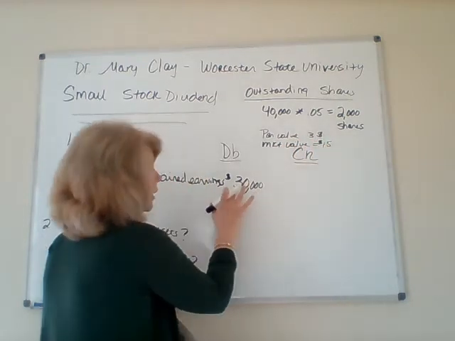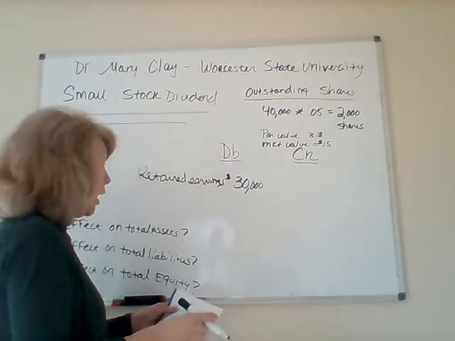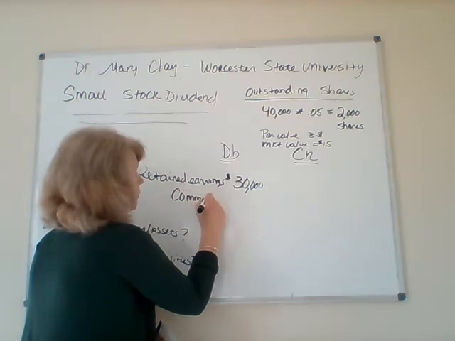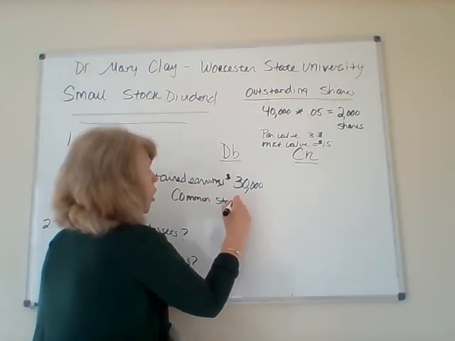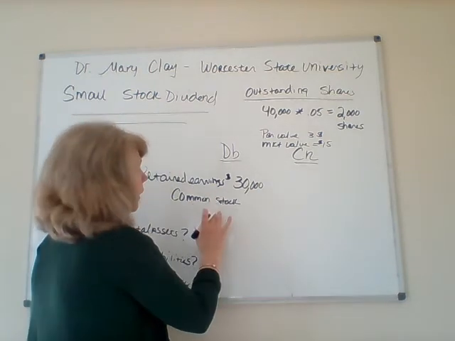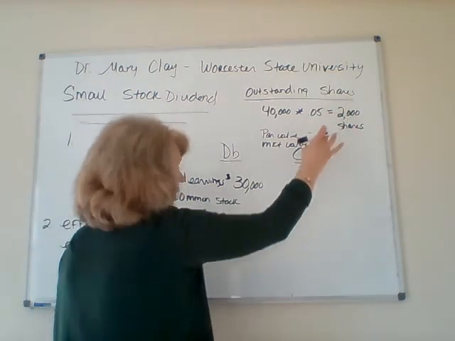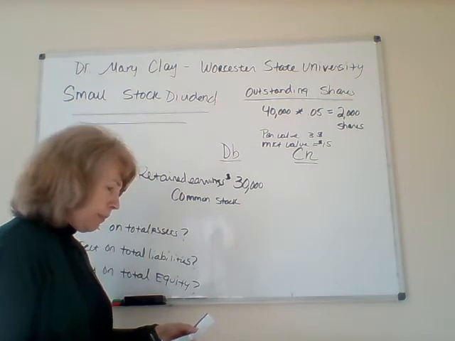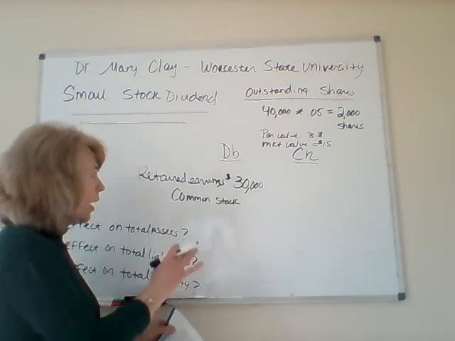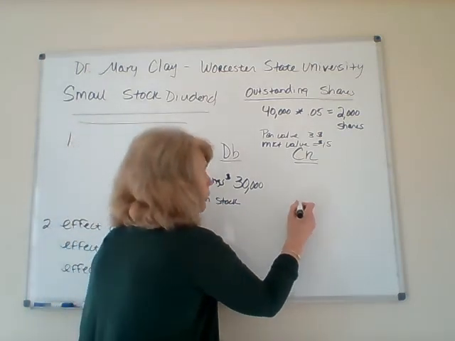Okay, so that's how we got the $30,000. So now we're going to credit common stock, but remember, always whatever par value is. So we take the 2,000 shares times the par value. The par value is $3. So our common stock is credited for $6,000.